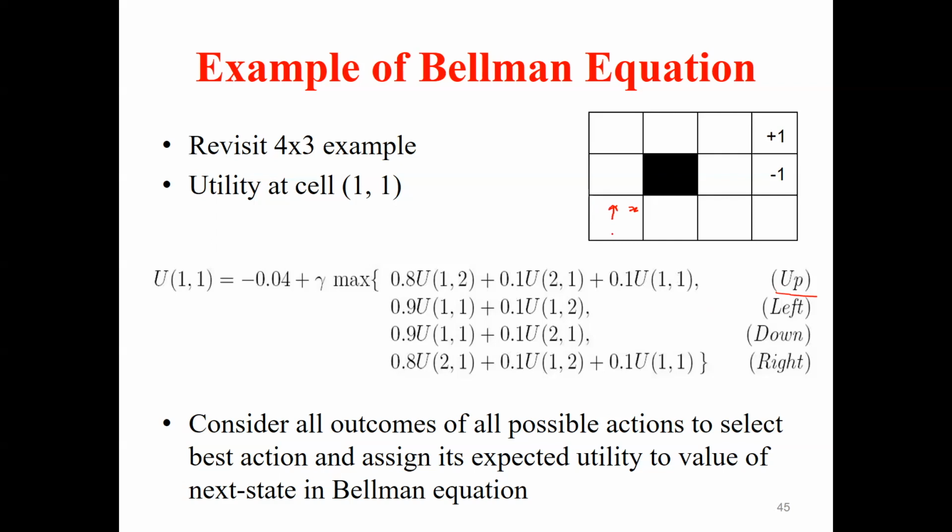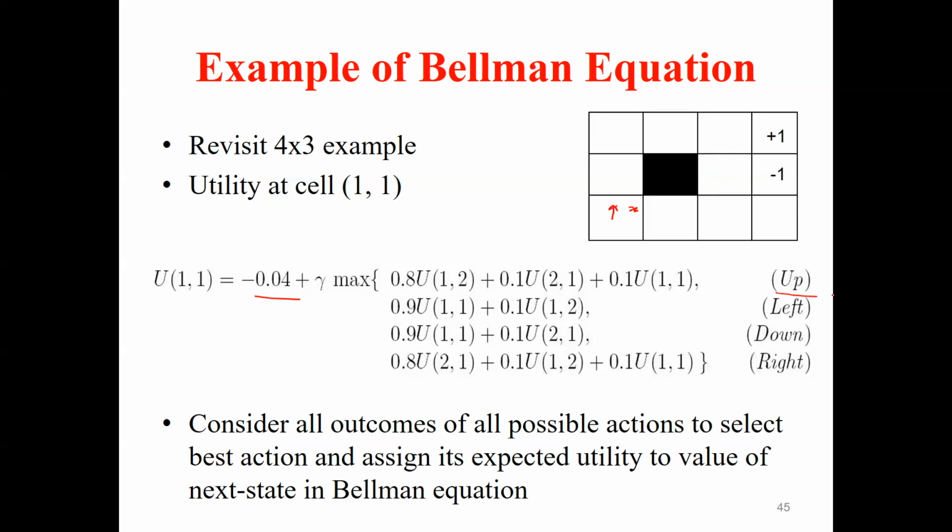We want to move up. Assuming up to be the desired action, so far we do not know whether this is desired or not. Let's assume that moving up is the desired action. As per the concept of the Bellman equation, the utility of a given state is equivalent to the reward of the state, which is minus 0.04, plus gamma times max of.